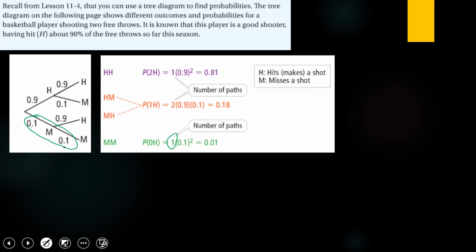What do you mean by zero? Zero hit. That means there's no hit. He didn't make a shot. Oh, okay. So in both trials, he missed the shot.